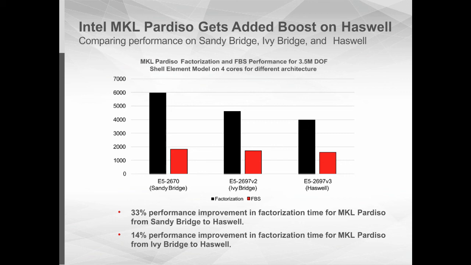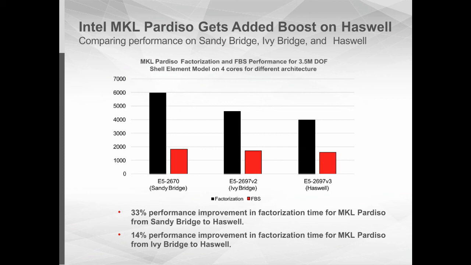As can be seen in this graph, going from Sandy Bridge to Haswell delivers a 33% performance improvement in factorization time, and this would, of course, be directly translated to a Nastran simulation. It depends on whether you're using advanced nonlinear elements in Solution 400 or whether you're using contact in terms of overall benefit. But for just the factorization, here you see a 33% benefit going from Sandy Bridge to Haswell when using Pardiso.